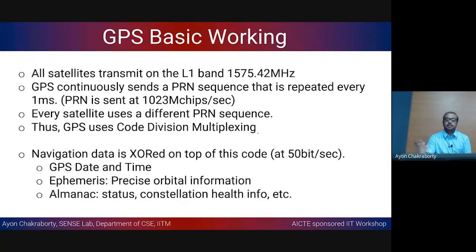That is the predetermined coded signal that I was referring to, and that has a certain data rate. It is sent at 1.023 million chips per second. Every satellite uses a different PRN sequence, and this PRN sequence can be used to identify the satellite.